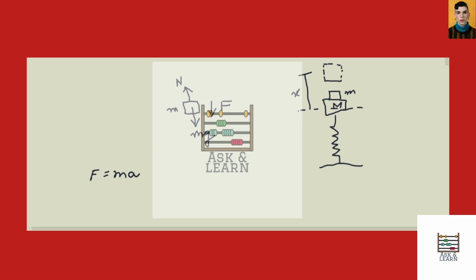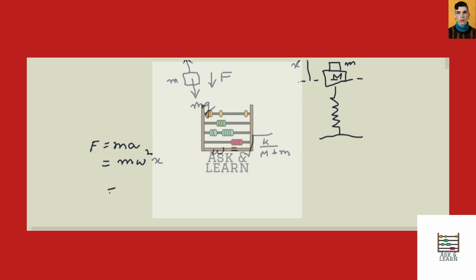Now the acceleration of the block can be calculated as m omega square x. Fine. And now we have to calculate the angular frequency of the system, which is equal to root over k by the total mass, so here we will have k by capital M plus small m.